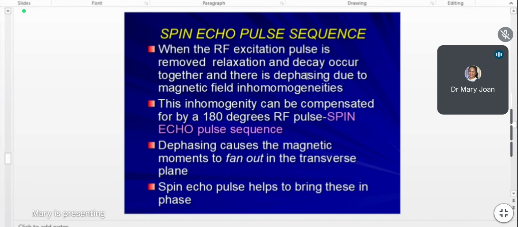So that is the magnetic field inhomogeneities with respect to both nuclei. And when the 180 degree pulse is applied, they will come back to the initial position if both are in the same phase. If they are dephasing, then they will be in different positions. That is what gives us the information required.